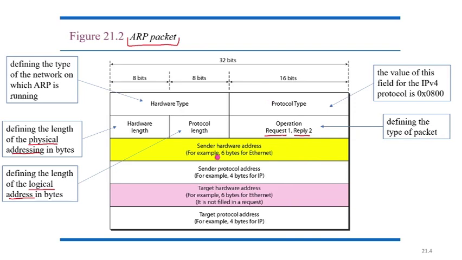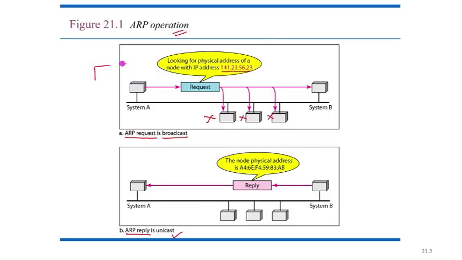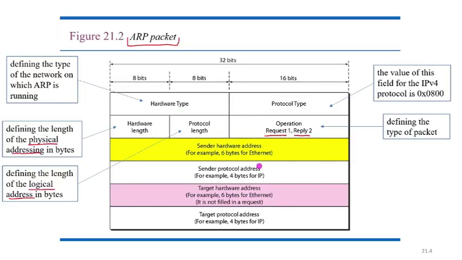Next is the sender hardware address. Whenever a request is being sent, it sends the physical address of the sender, the IP address of the sender, and then the IP address of the receiver, and for the receiver's physical address it sends 00. So the sender hardware address is required here.